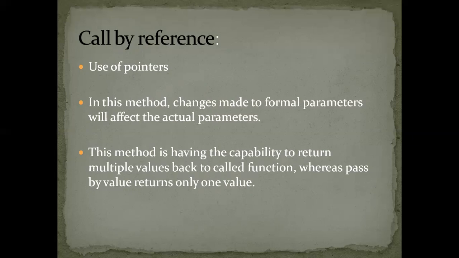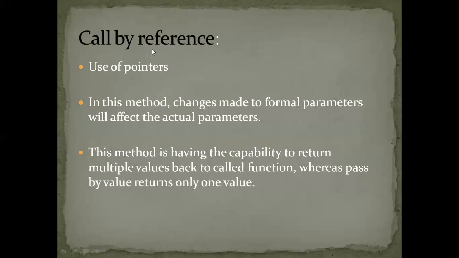Okay, I'll repeat once again. These pointers pass the address of actual parameters to the user defined function instead of values. We are not going to pass values, we are going to pass the address of the actual parameters. In this method, changes made to formal parameters will affect the actual parameters.